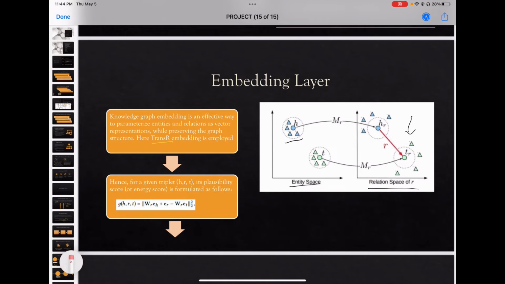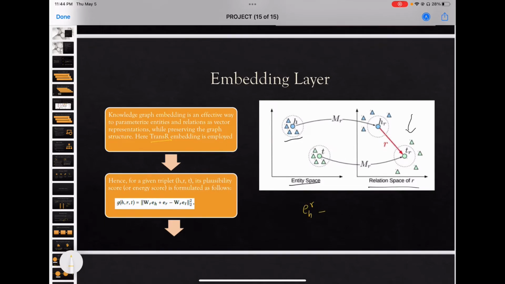The TransR method embeds each entity and relation by optimizing the translation principle, which can be written as e_h^r + e_r is approximately equal to e_t^r. Now, e_h^r and e_t^r are the entity embeddings h and t projected onto the relation space r. Here, e_h and e_t belong to R^d, and e_r belongs to R^k, and these are embeddings for h, t, and r respectively.